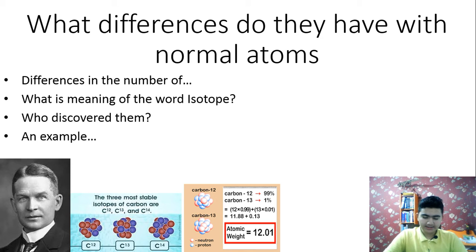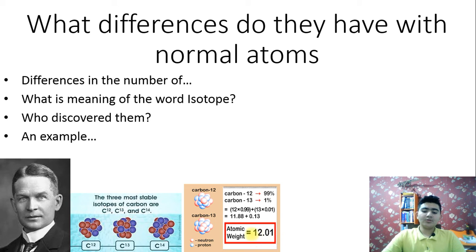When we find the answers, carbon 12 gives 11.88 and carbon 13 gives 0.13. We sum up these two numbers, 11.88 plus 0.13, and it equals 12.01, as you can see in this picture.